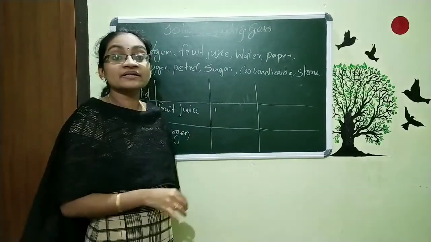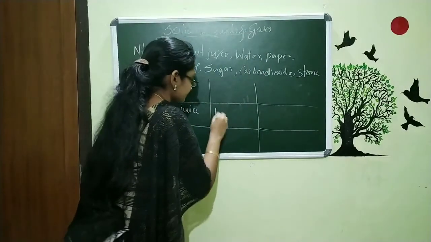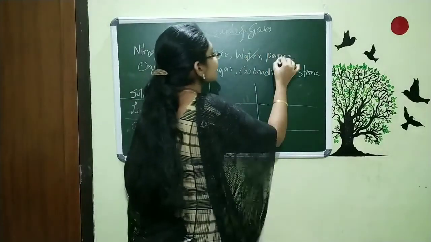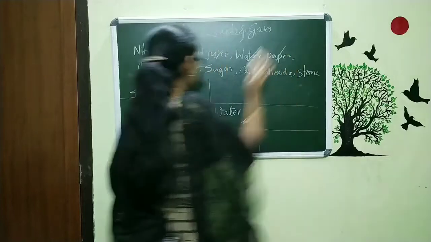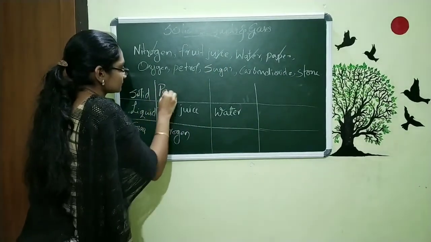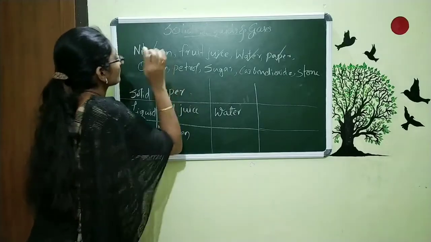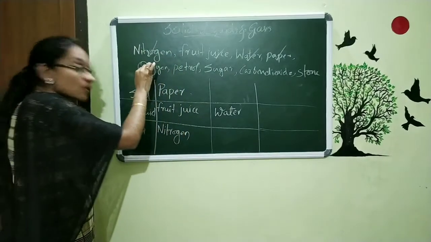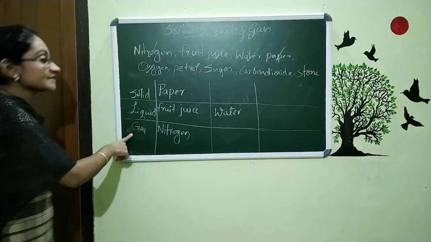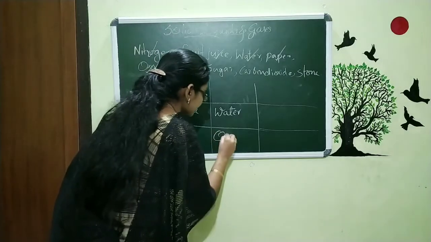Water is also what? Liquid. The next is paper. So, what is the paper? It is solid. The next is oxygen, and oxygen is a gas. It will be included here.